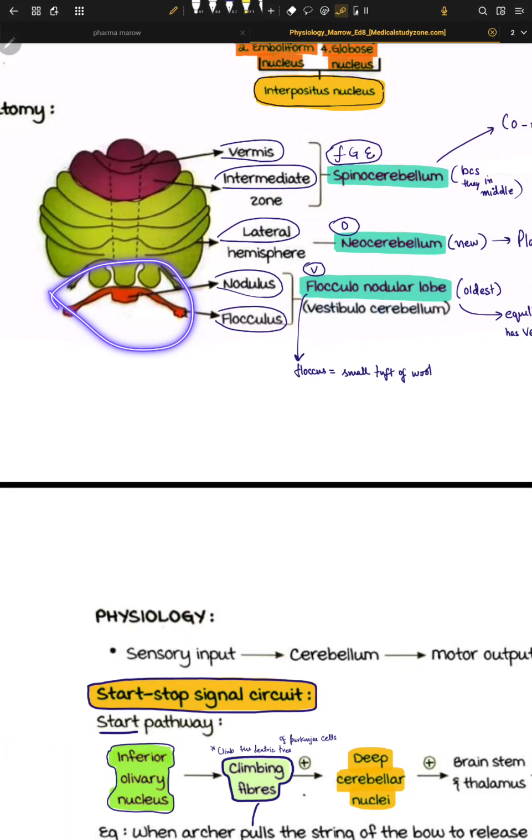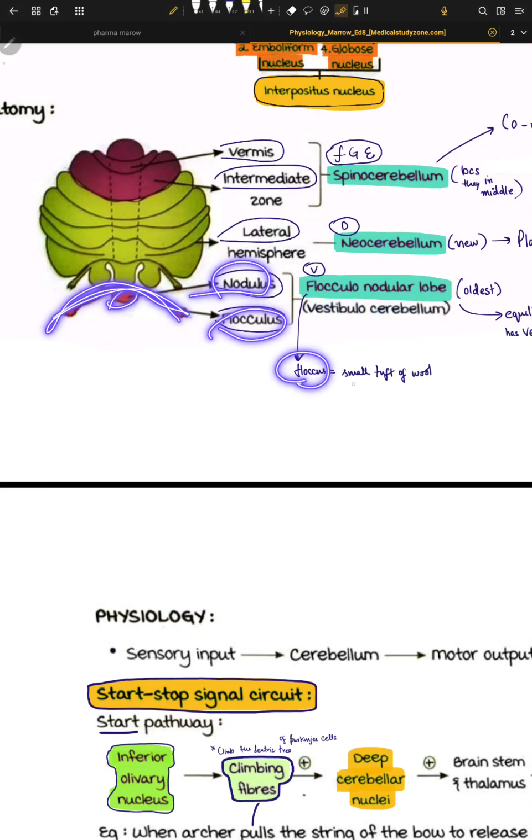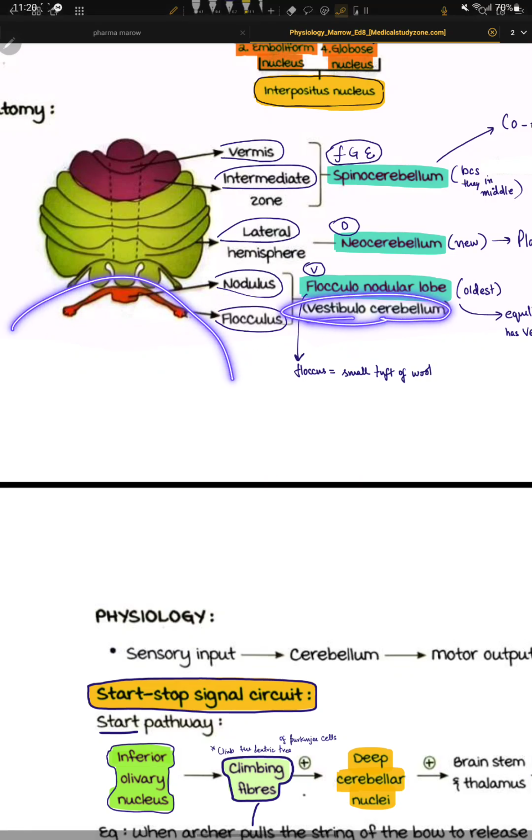What about this part? Well, this part is called nodule, because it's coming out, it's like a node. And this is called flocculus. The word flocculus means a small tuft of wool. We call this the flocculonodular lobe, and this is vestibulocerebellum because it's on the outside.